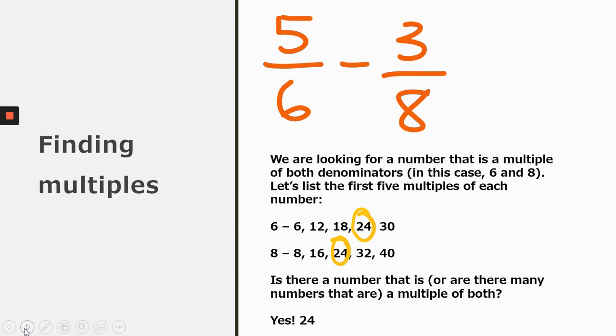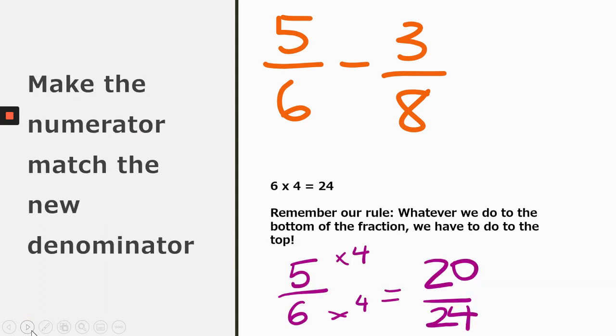Sometimes you might find there's more than one multiple that would match. So we're looking for the lowest one when that happens. Okay, so now that I've worked out that I'm going to use that 24 as my new denominator, I have to make the numerator match the new denominator. So I'm going to take that 6 times 4, and I'm going to remember the rule that whatever we do to the bottom of a fraction, we also have to do to the top.